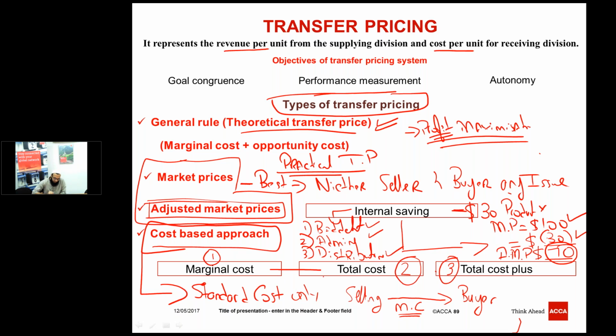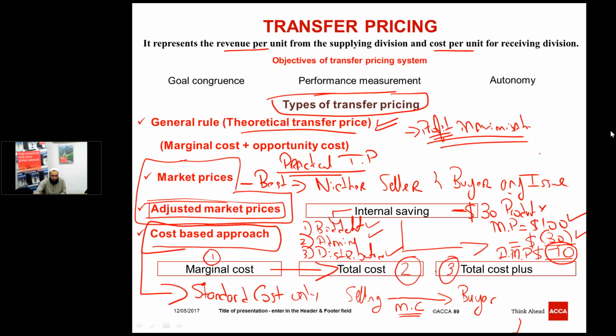So what then is the other option the company has? The other option is total cost. Now total cost still seems a better option than marginal cost. I'm sure you will agree, because total cost is ensuring what? Come on, can you tell me? On the basis of total cost, the company will be able to cover its fixed costs along with variable.